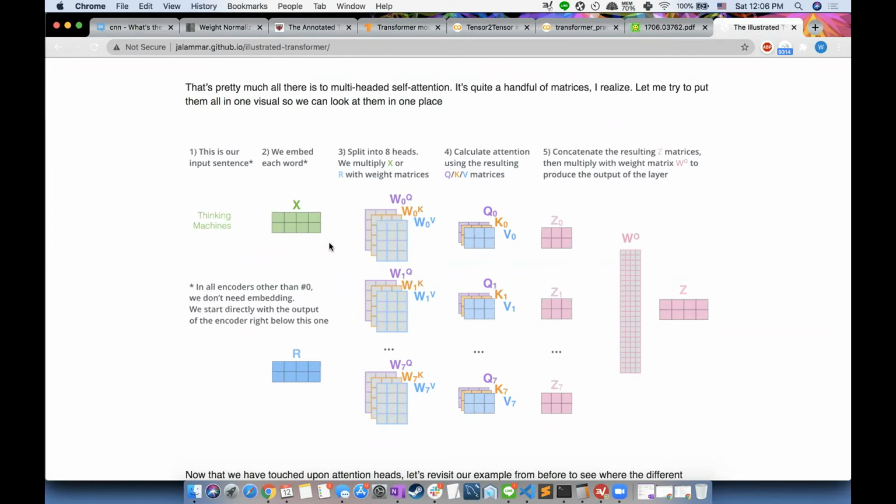And then you're going to have X1, the embedding for a second word. Oh, I get it, what you're saying. Yeah, because you have W0Q, W0K, W0V, so you want to split the X into 3 parts.